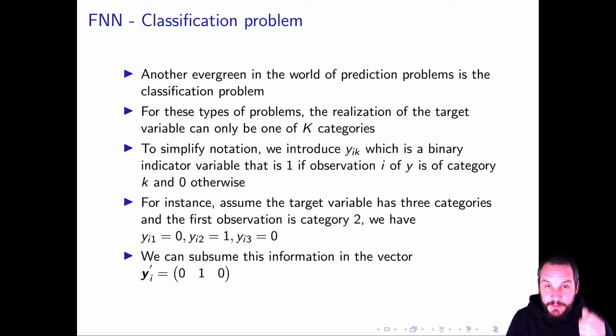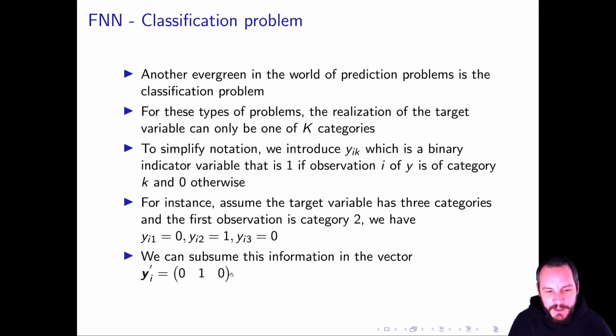And instead of writing 2 in order to imply that this observation belongs to category 2, we use a so-called one-hot encoding vector, which indicates which category the target variable belongs to. Assume we have 3 categories, and then we need 3 numbers in order to define the one-hot encoding.